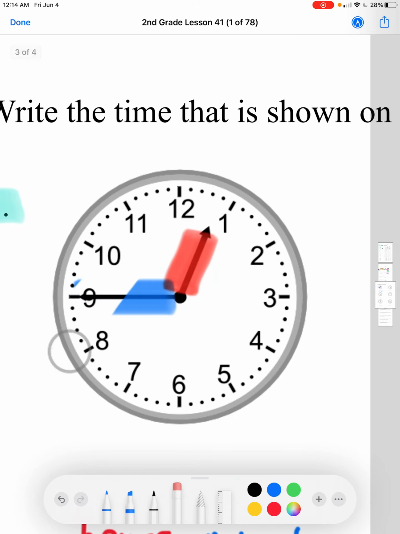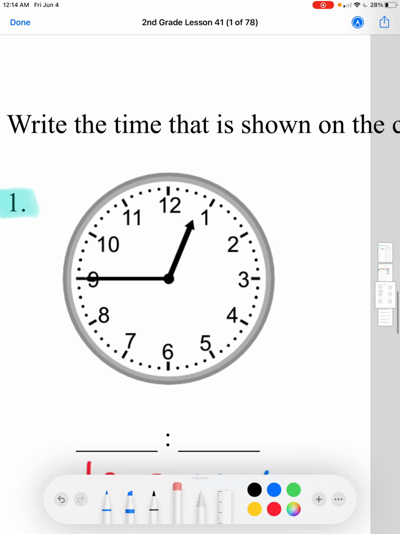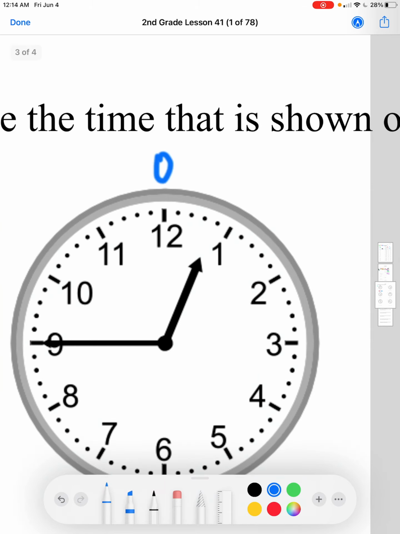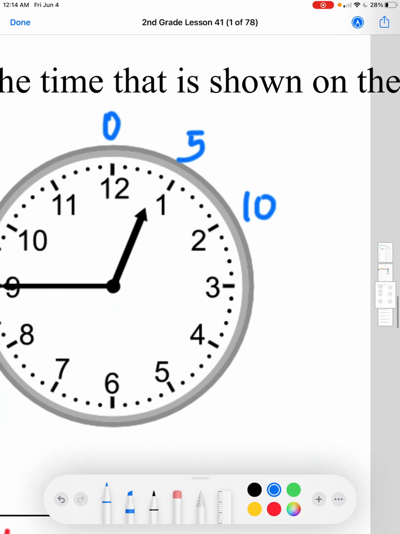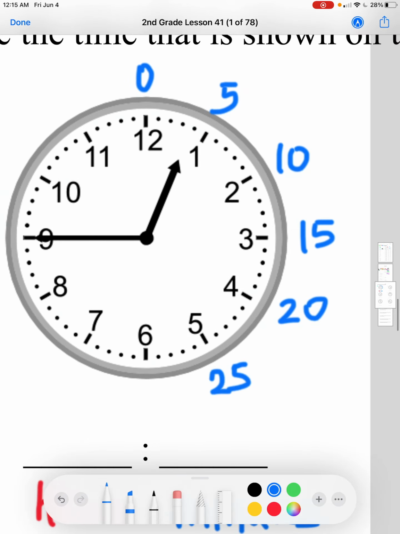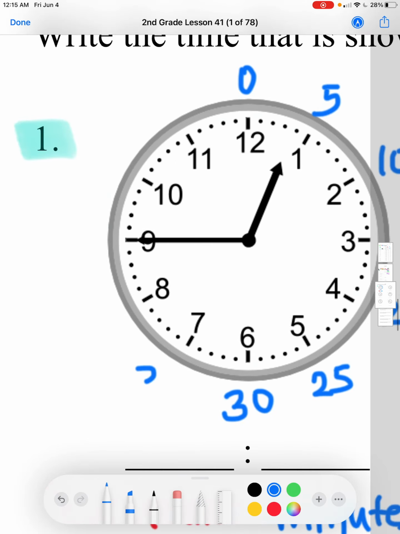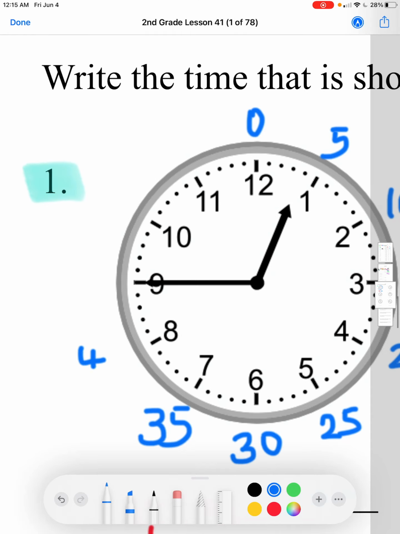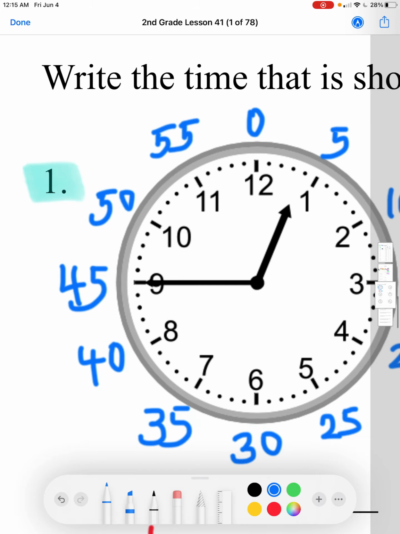Okay, now let's erase this. Remember, the hours go by the numbers on the clock. So this is 12, 1, 2, 3, those are the hours. The minutes would be 0, 5, 10, 15, 20, 25, 30, 35, 40, 45, 50, 55.